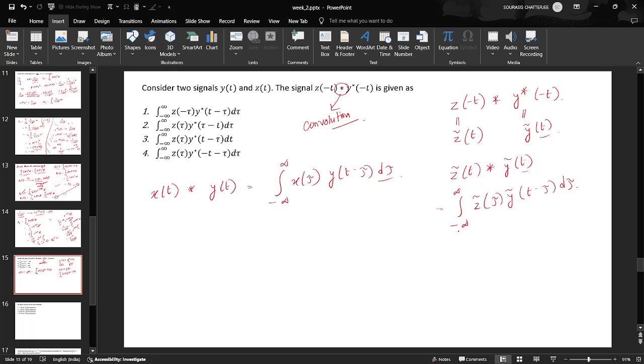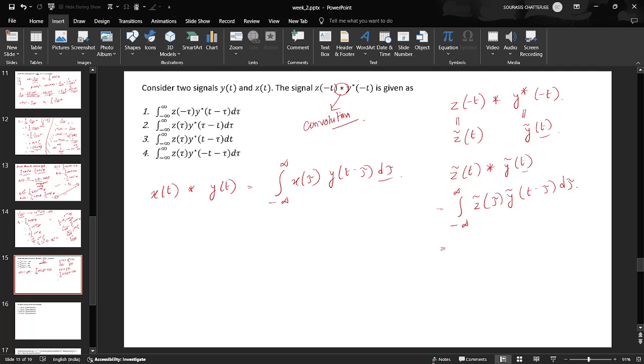Now we try to replace the function here.